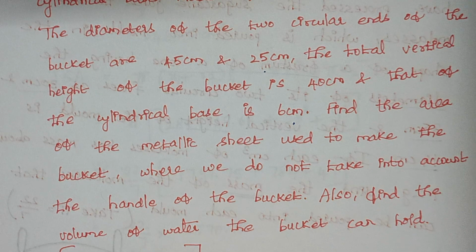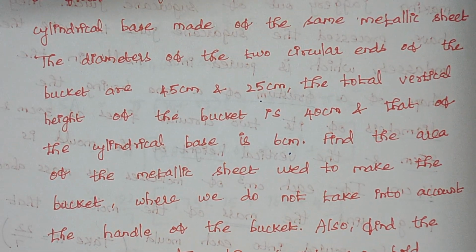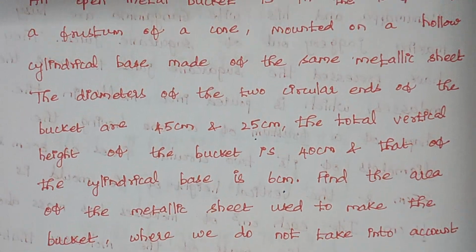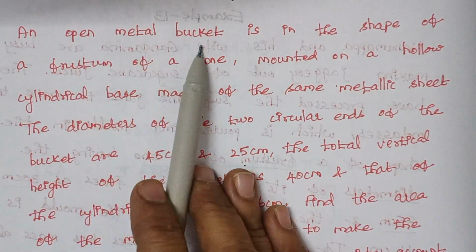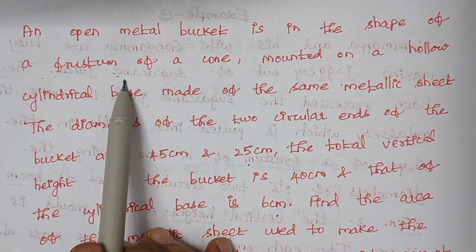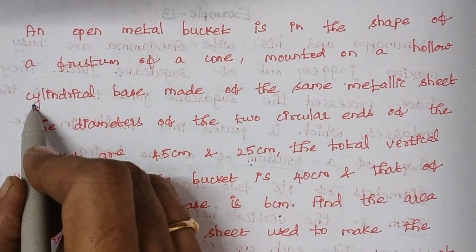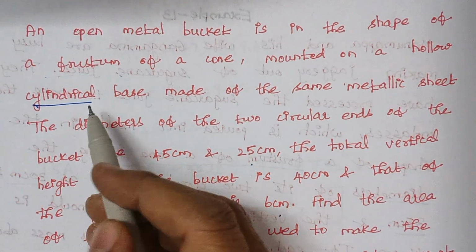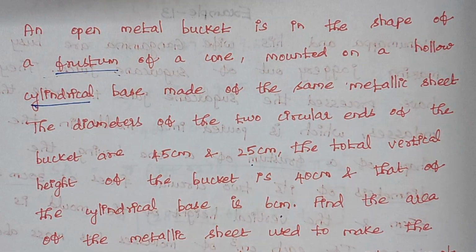So here the problem deals with a bucket, and it is clearly mentioned that we have an open metal bucket like a frustum of a cone. Here we have a frustum and there is a hollow cylindrical base. The base is just like a cylinder and we have a frustum.